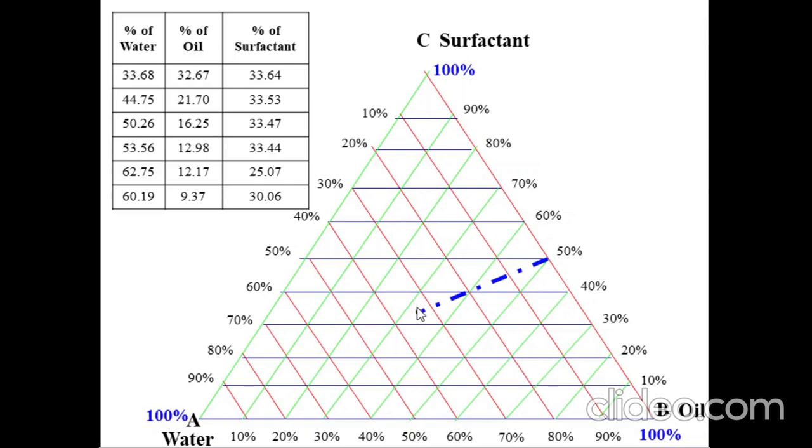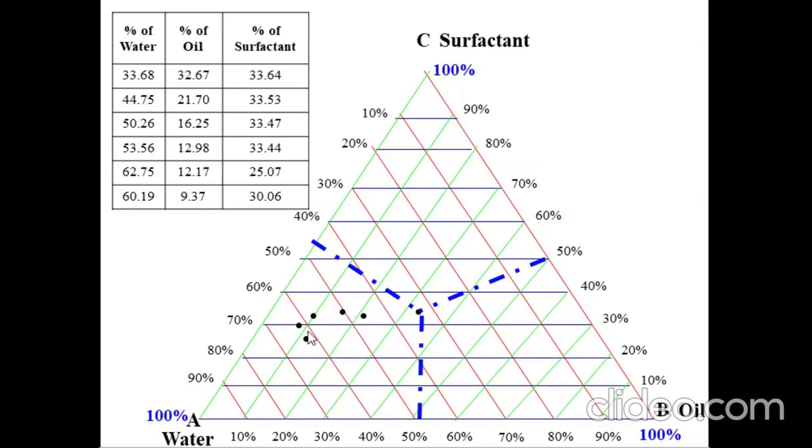So this is the water line, this is the oil line, this is the surfactant line. So mark the intersection. Similarly, you plot the intersections for all the other values that you have determined.